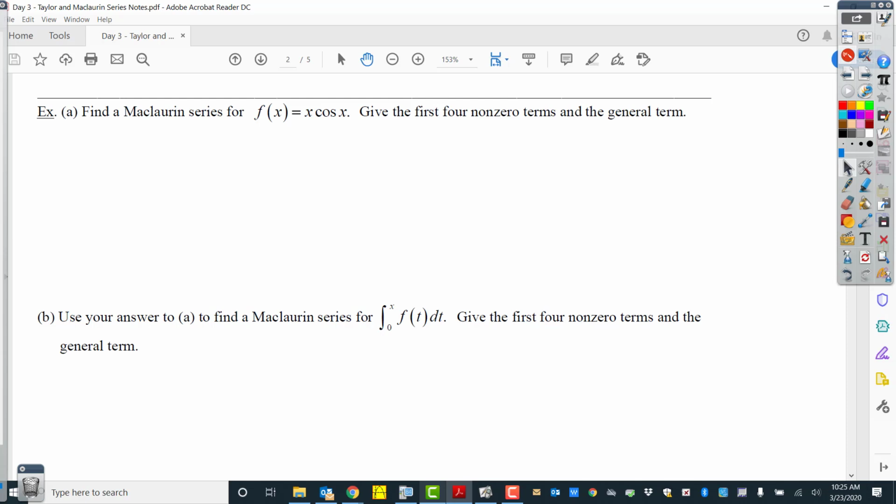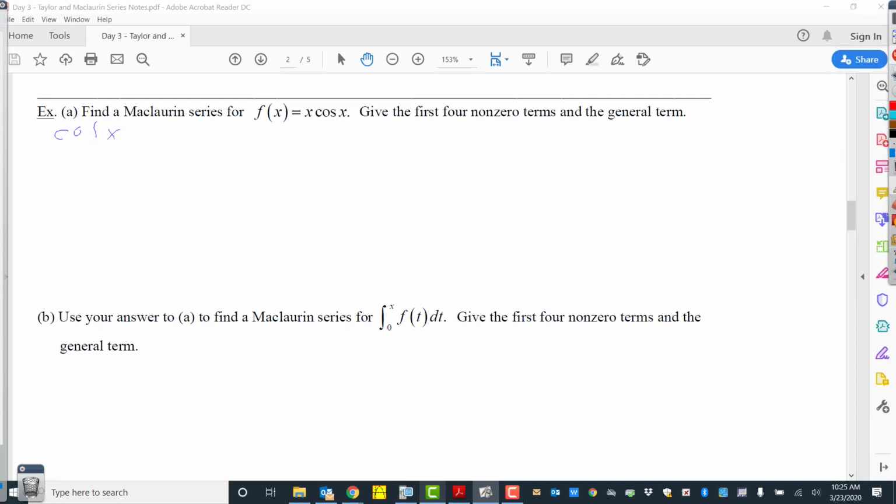So now we're going to look at finding a Maclaurin series for f of x equals x cosine of x. Give the first 4 non-zero terms and the general term. So we need to start by finding what cosine of x is. But we already know this one.